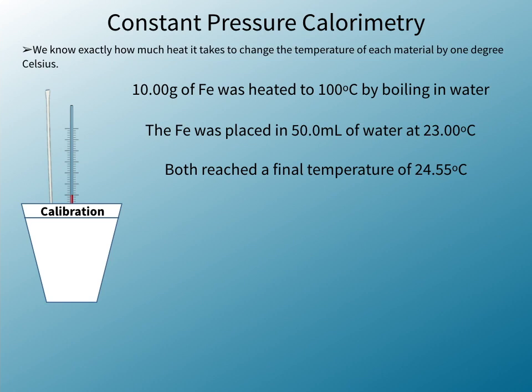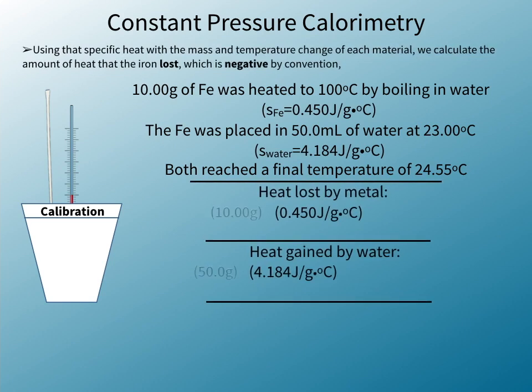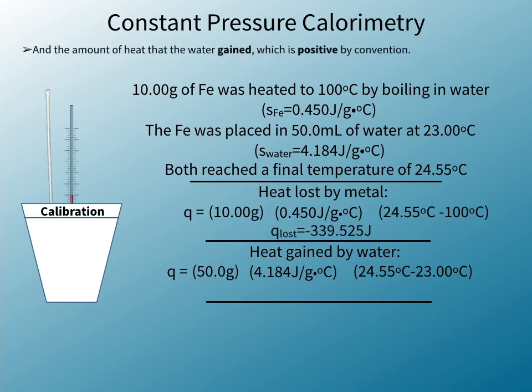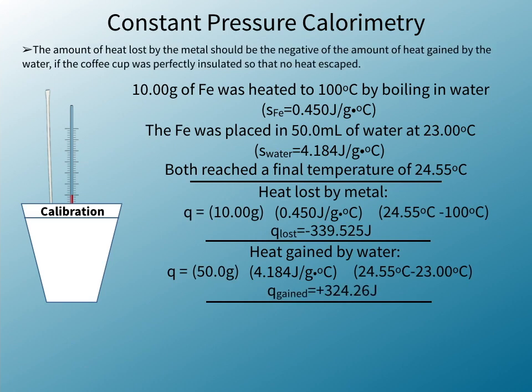We know exactly how much heat it takes to change the temperature of each material by 1 degree Celsius. Using that specific heat, with the mass and temperature change of each material, we calculate the amount of heat that the iron lost, which is negative by convention, and the amount of heat that the water gained, which is positive by convention. The amount of heat lost by the metal should be the negative of the amount of heat gained by the water if the coffee cup was perfectly insulated so that no heat escaped.